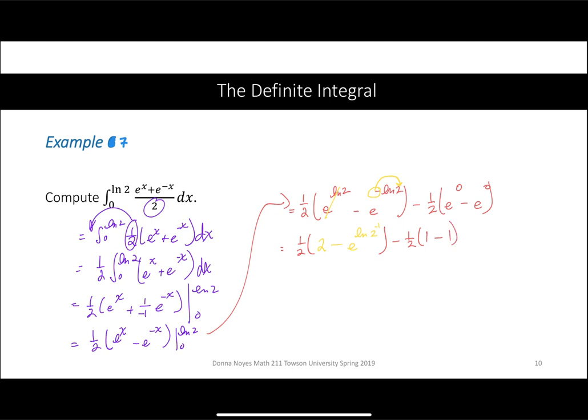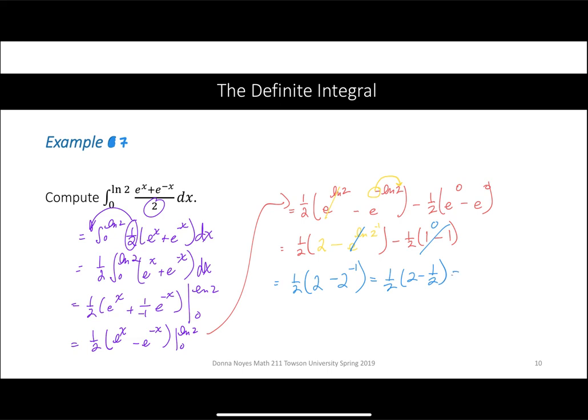So that term is just going to become 0, because 1 minus 1 is 0. Well, e to the natural log cancels out, and now I've got 1/2 times 2 minus 2 to the minus 1. Well, 2 to the minus 1 is 1/2.